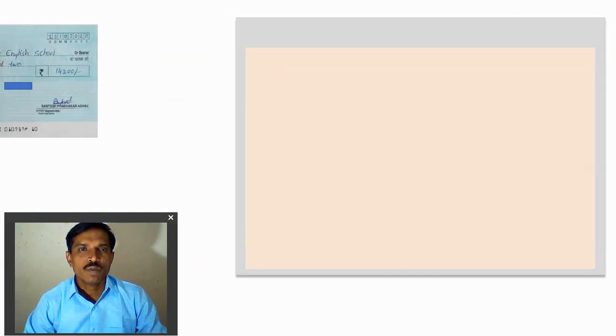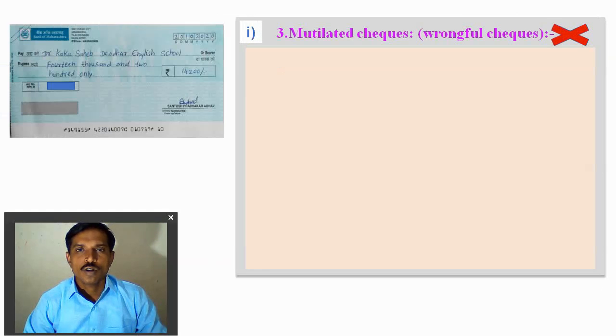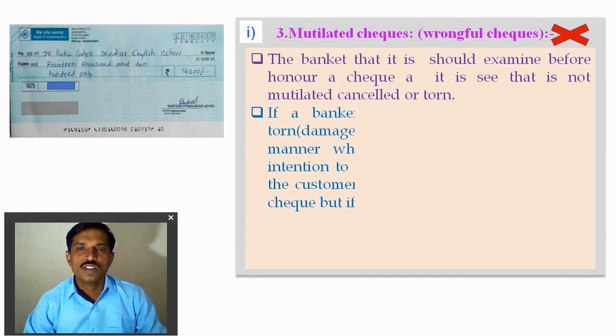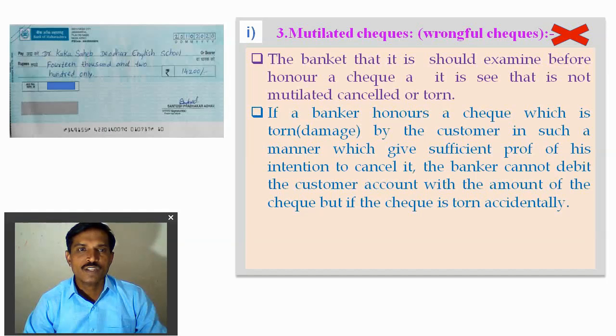The next is about mutilated checks or wrongful checks, meaning the banker should examine the check before paying the owner. The banker sees that it is not mutilated, cancelled or torn. Sometimes, in use, customers cause some damage to the check. That is why a mutilated check is not passed by any paying bank.